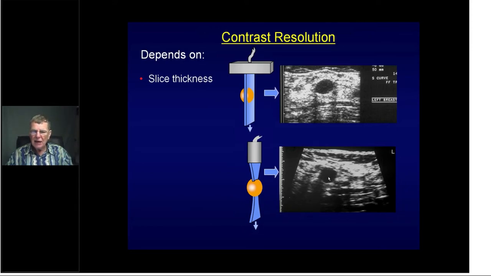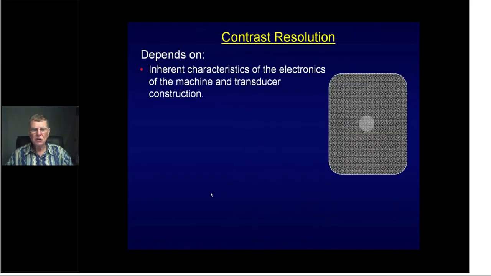If the echoes were still there, they would be echoes coming from within this lesion, and they'd be real. It showed these echoes up here to be artifactual, caused by slice thickness. So slice thickness is very important. Thin slices improve contrast resolution.